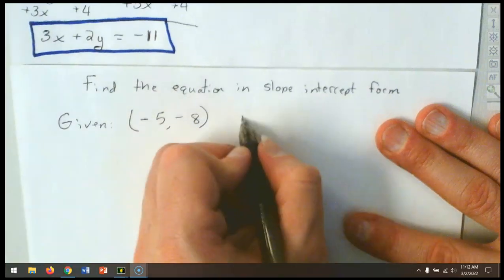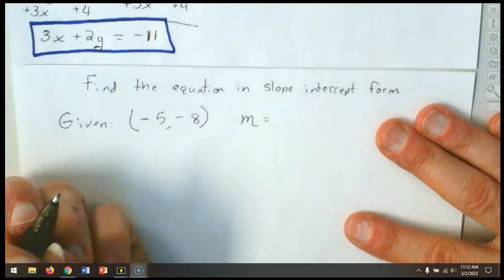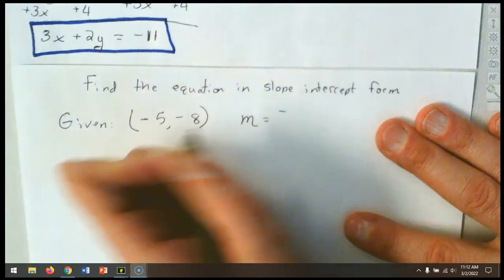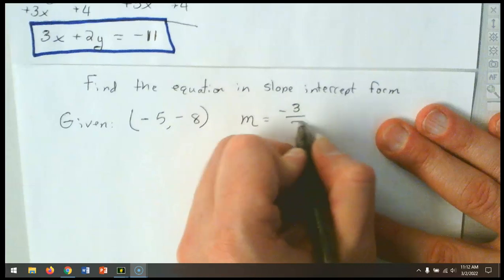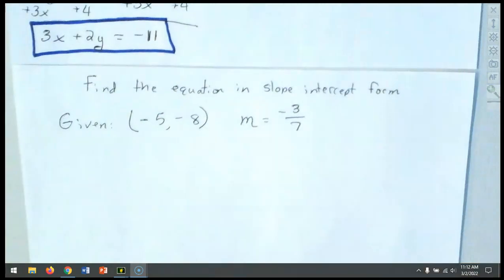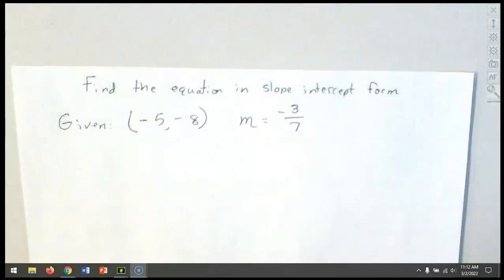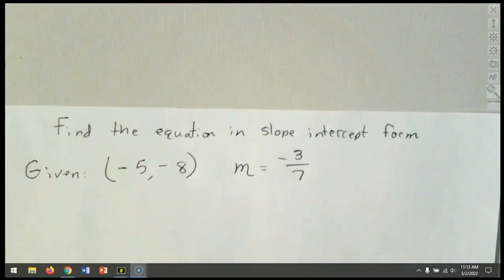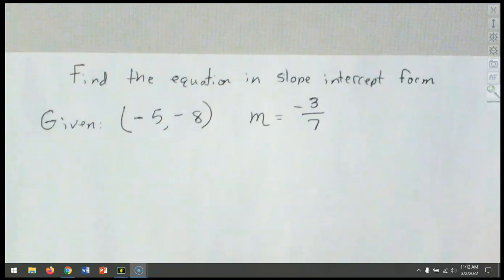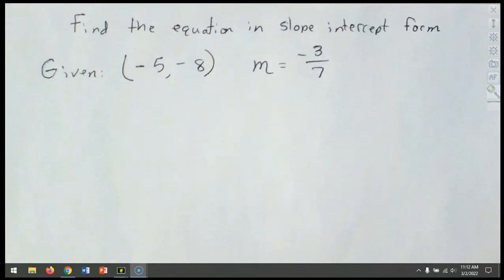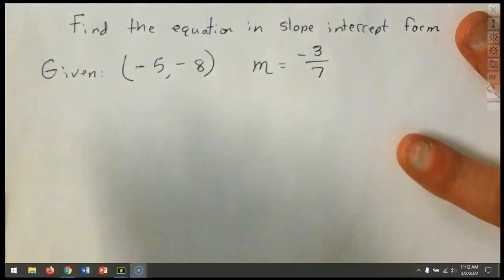And let's say you're given a slope of minus 3/7. Okay, so what are we going to first do? Well, first things first, we look at what we've got. What do we currently have? Point, slope. That means we go back to our flow chart. We have a point and a slope, so we use the point-slope formula.